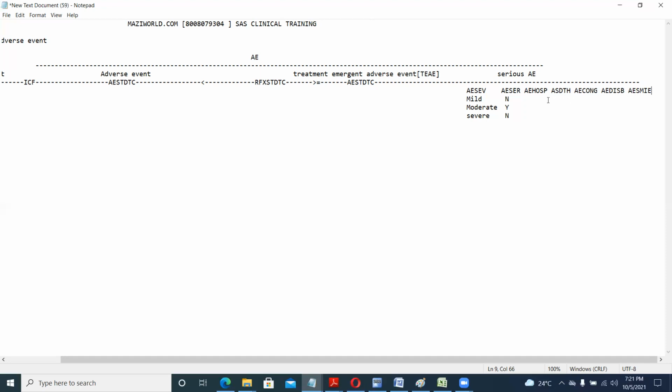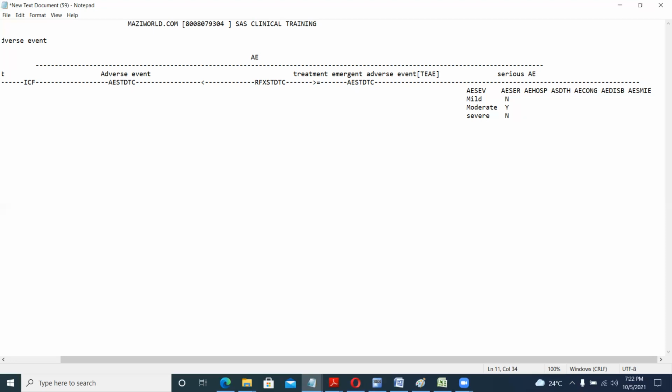So sometimes even with severity moderate and seriousness Y, maybe the patient may be hospitalized, maybe the subject may die, or maybe be disabled, or maybe have the SMIE, or maybe congenital anomaly.